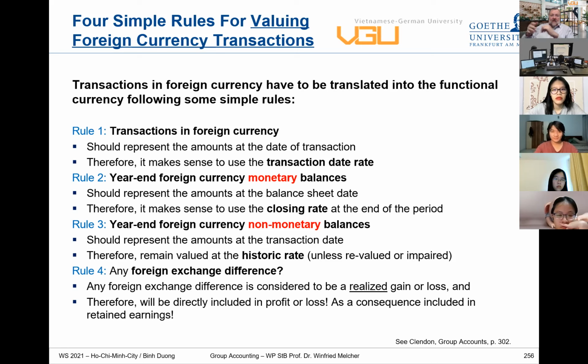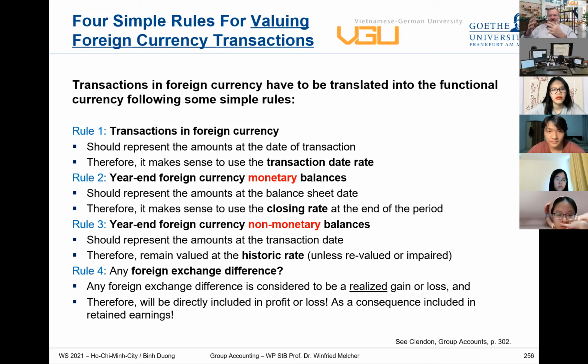So you could say, well, on a certain day it will be wrong. Yes, well, it's different. And the question is, is it materially different? Is there a big difference between the transaction date rate at that day and the average of the previous month? And when there is no big difference, you can, of course, take that.